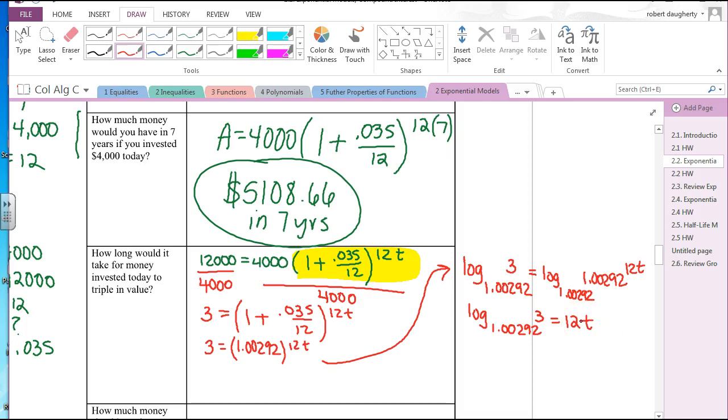T. What is keeping that from being a t all by itself? I need to divide by 12. Okay. So t is equal to the log base 1.00292 of 3, and then all of that divided by 12. Anyone know that off the top of their head?